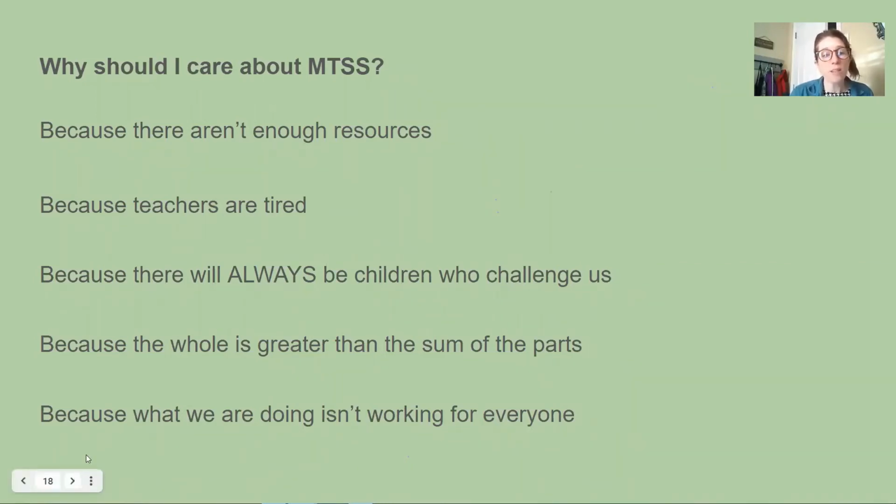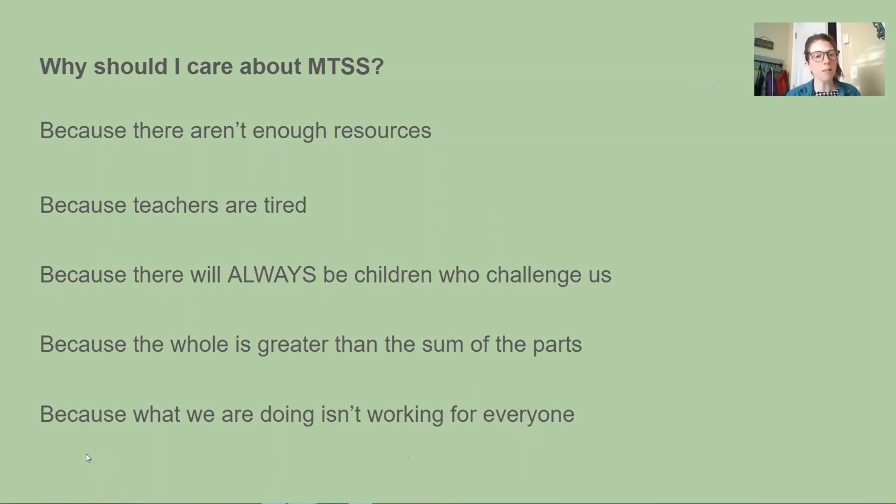Another reason is because the whole is greater than the parts. When we look at the whole school, if we can get the whole school less siloed, less pocketed, and running more as a cohesive system, that is going to be greater than trying to mitigate individual groups of children or larger, one-on-one and single children and that kind of thing.